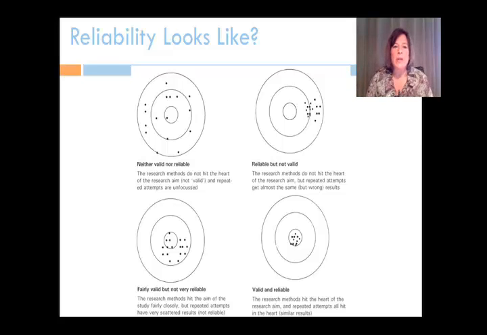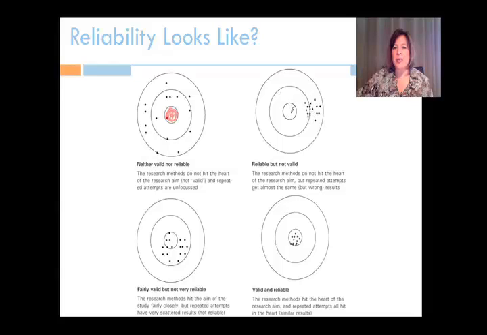It shows you what reliability could look like. In the upper left-hand quadrant, if you consider the center of the bullseye to be exactly what you're trying to measure, you can see that where these dots are is all over the place, neither valid nor reliable.